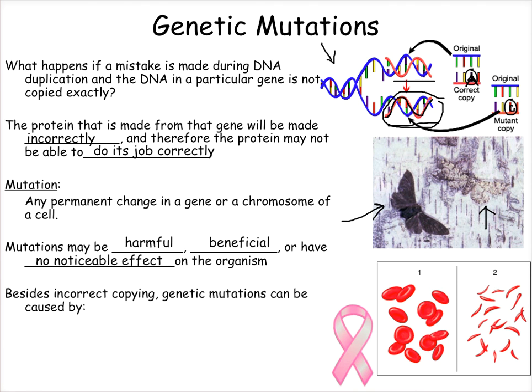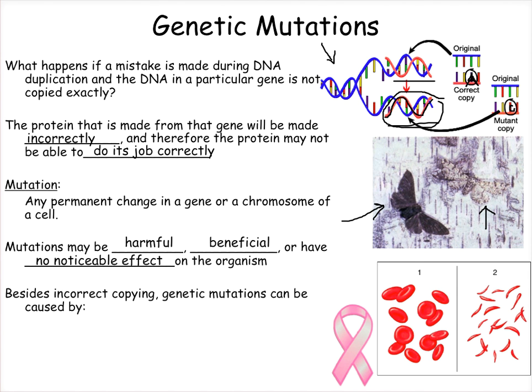Because of this moth's genetic mutation, it does not make the brown color appropriately, and therefore it results in a white color for the moth. In this case, however, the mutation in the right moth's color gene is actually beneficial to the moth because it can blend in with the light-colored bark of the tree and more easily avoid being eaten by predators.